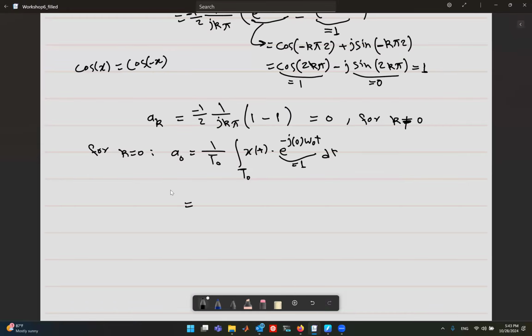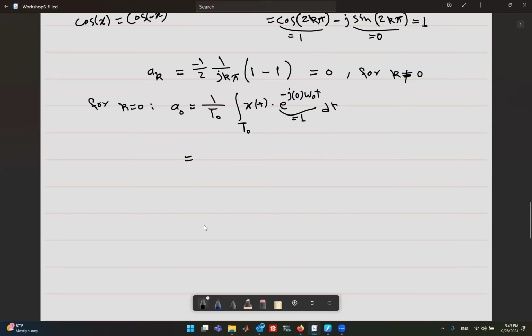So it's just the average value of the signal. 1 over 2, 0 to 2, 1 dt, which is t between 0 and 2, which will be just 1.